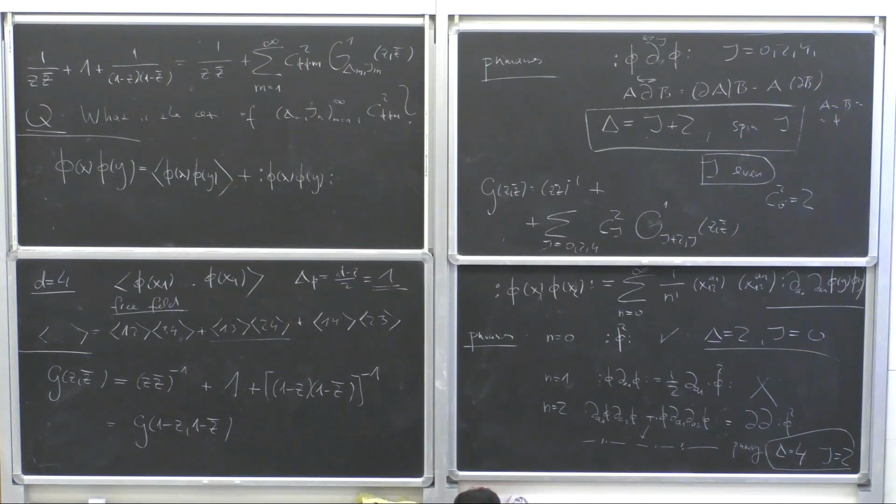Okay, so we can do a sum of the c squared. So what are we doing? We are summing c squared and conformal block of dimension j plus 2 and spin j, from 0 to some j max. So we'll just truncate it for now.